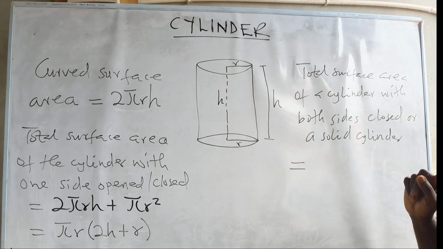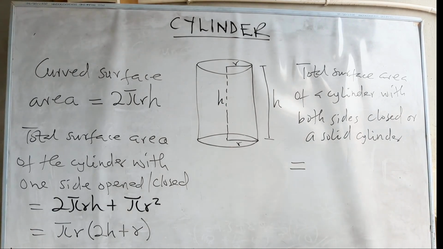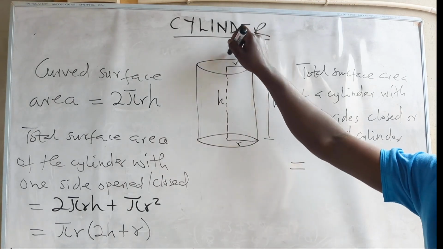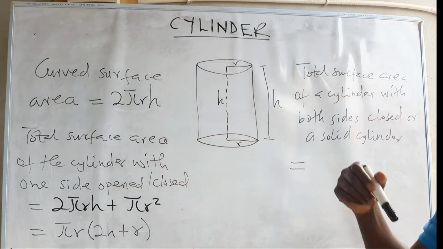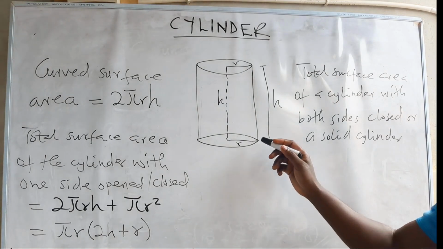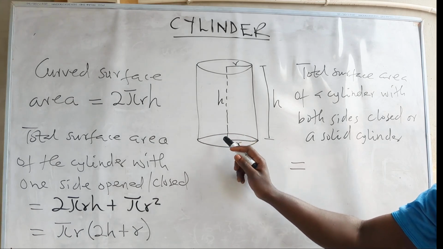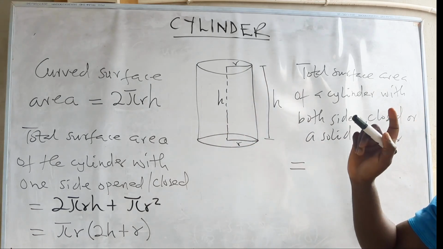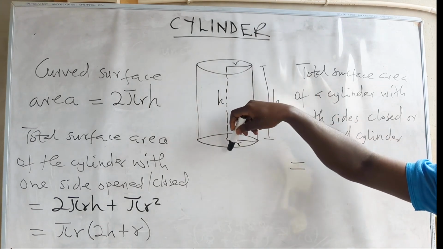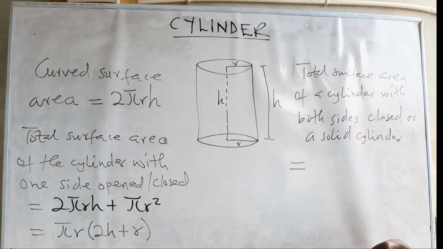a solid cylinder. Okay. So then that will be the curved surface area of the cylinder plus the two ends that are closed. And we know that the base is a circle. So we will have pi r squared plus pi r squared, and that will give us 2 pi r squared.